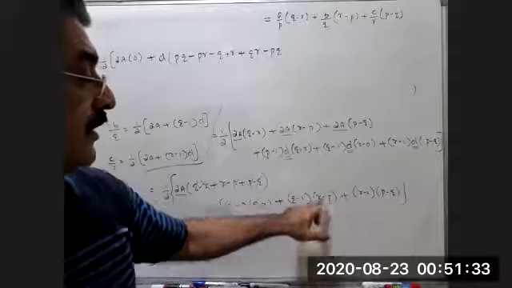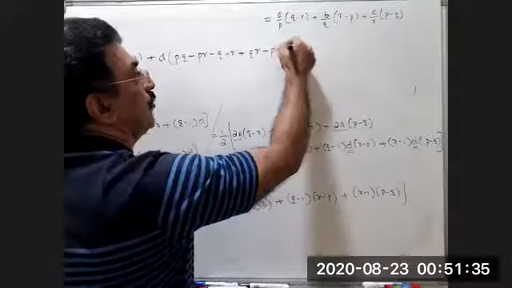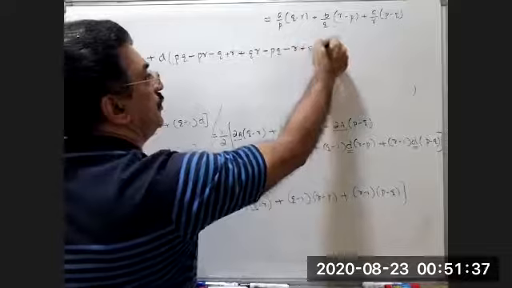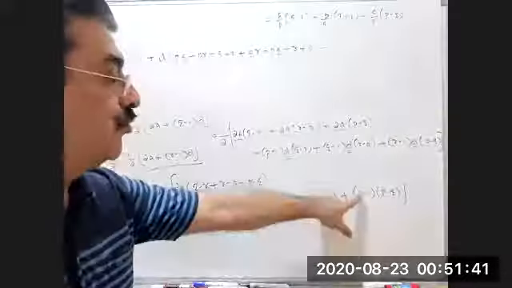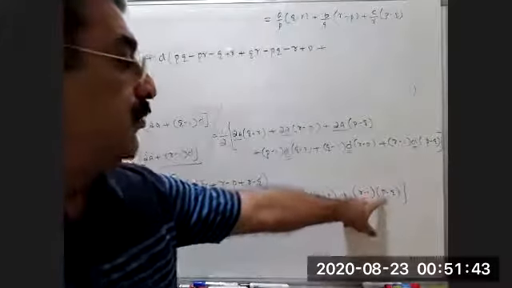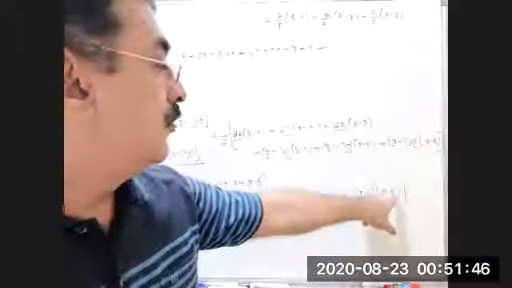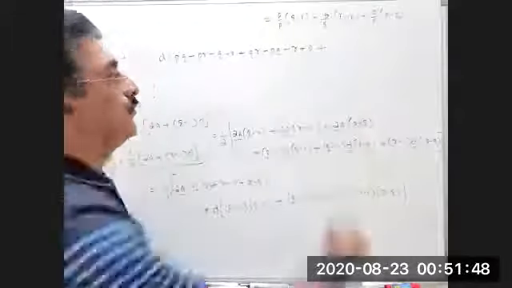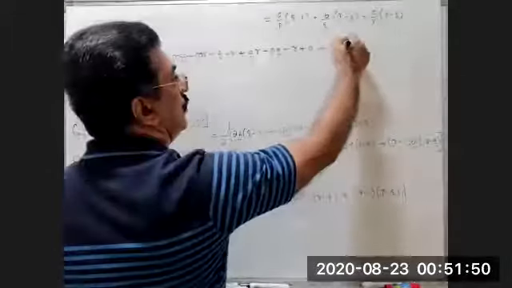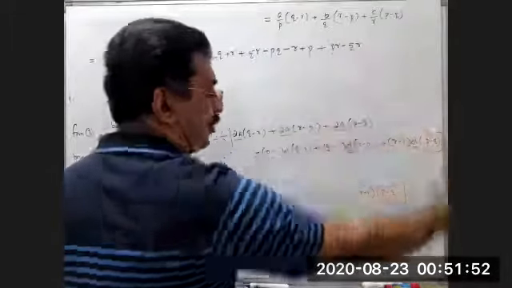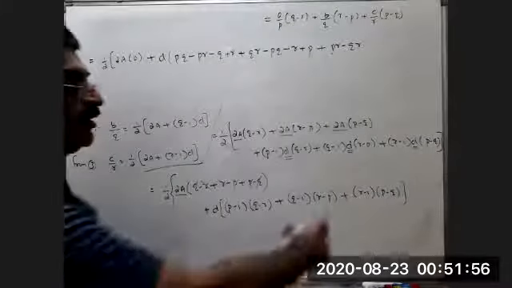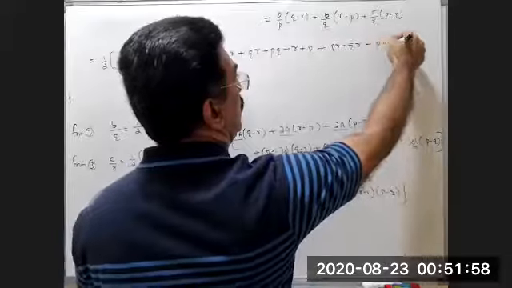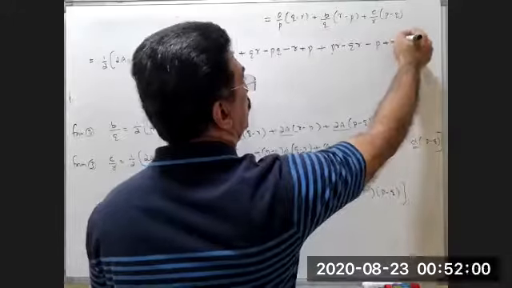Again, minus R plus P. Plus, last one, opening with R: RP means PR. PR minus QR. Multiplying with minus 1: minus P plus Q.